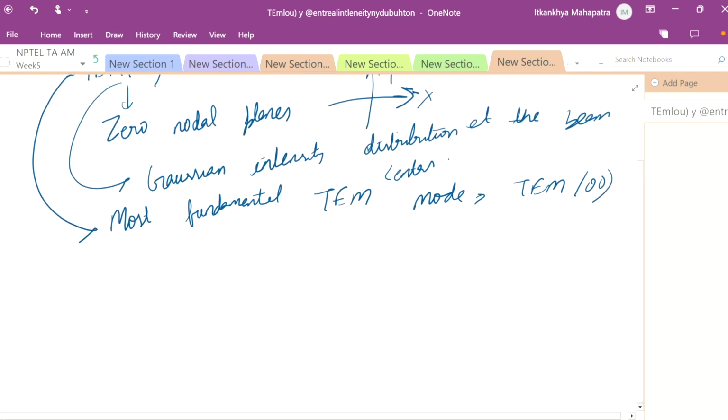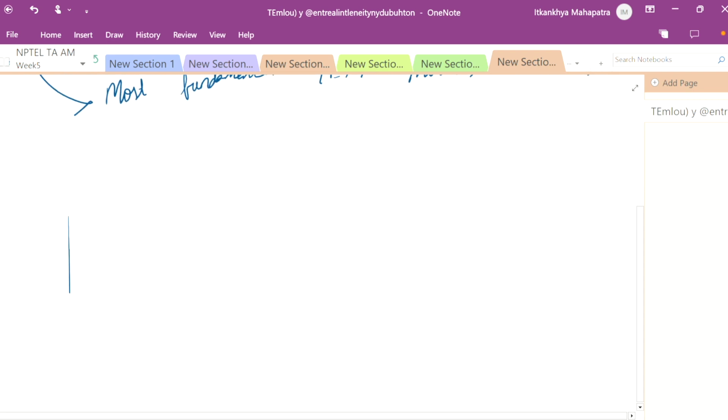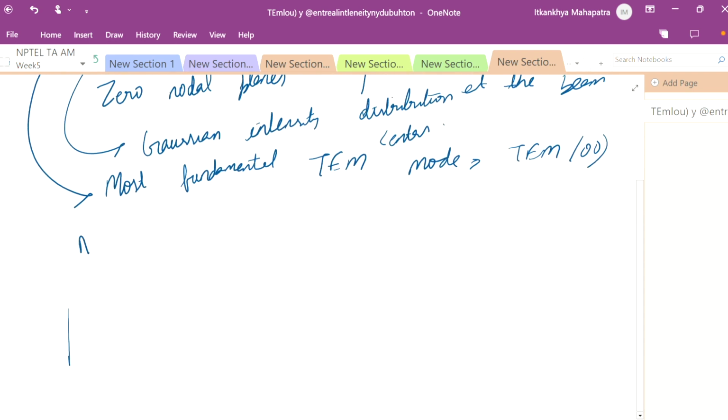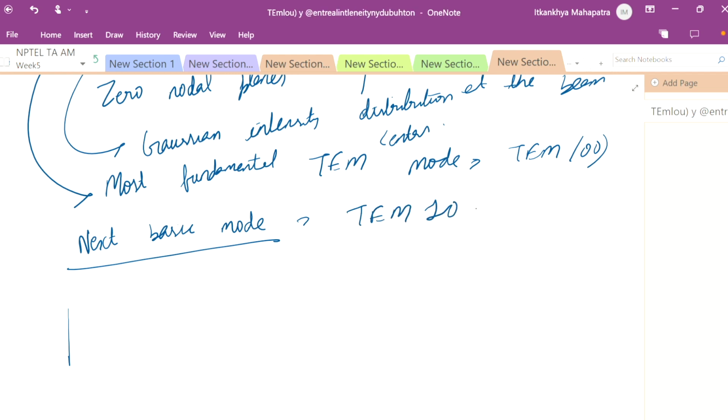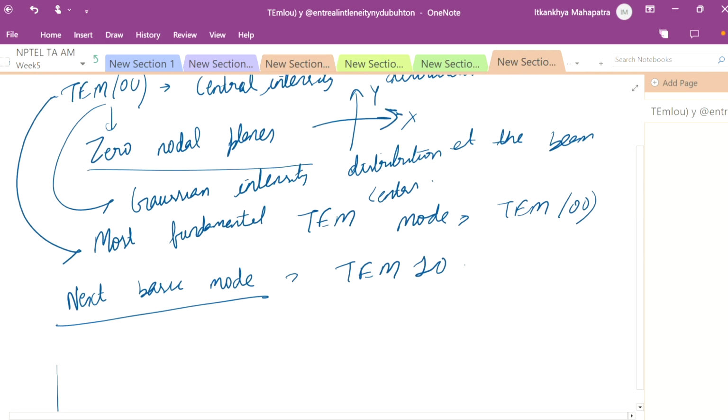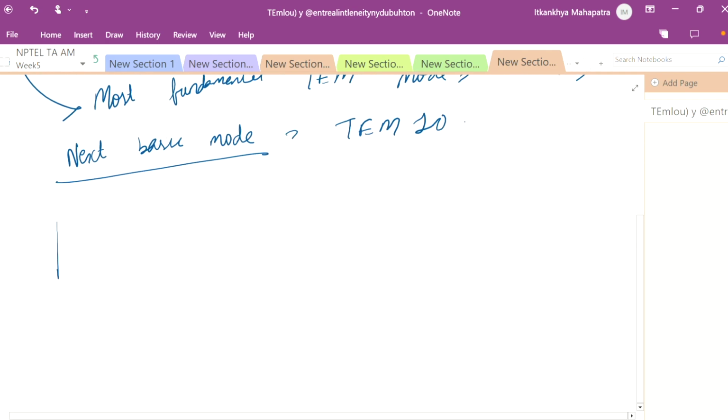Now among all the given options, the next basic mode is, so for this we have to also understand what is TEM. The next basic mode is TEM 10. Now it has one nodal plane. See, earlier this had 0 nodal planes. Why we are considering this is, this has one nodal plane in both x and y direction.